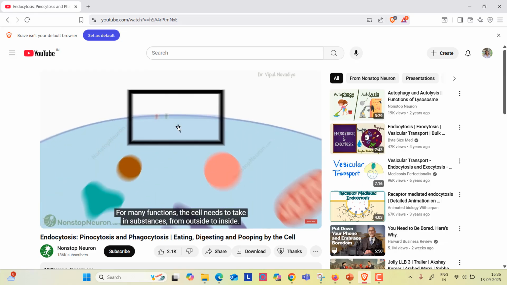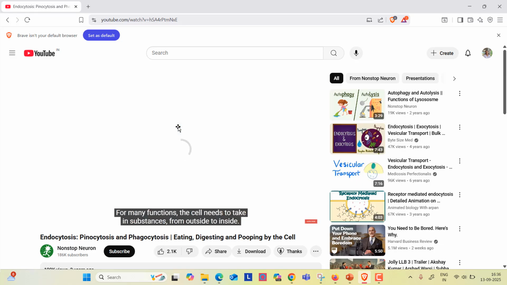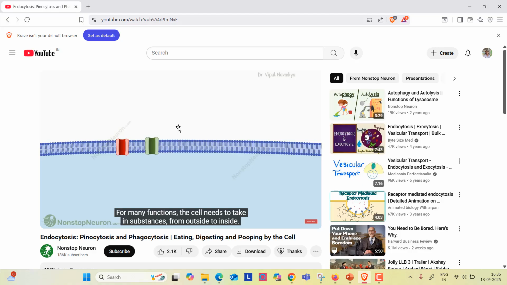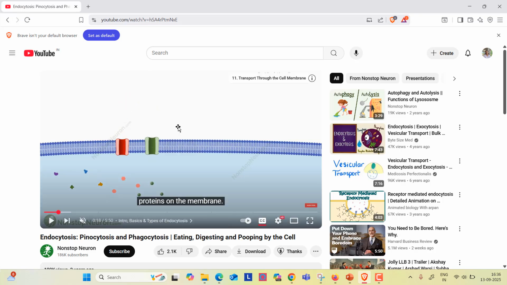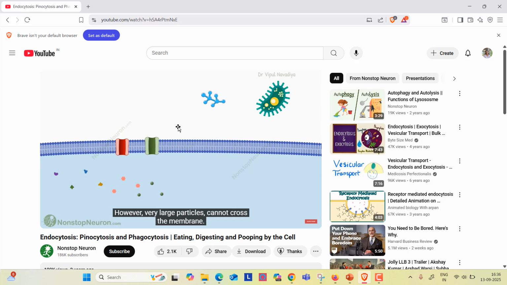The cell needs to take in substances, right, for many functions from outside to inside. So very small particles can penetrate the lipid bilayer itself. This is the direct cell entry, what I have shown, right? However, very large particles cannot cross the membrane. Okay. That is why they are taken inside the cell by a special process called endocytosis.